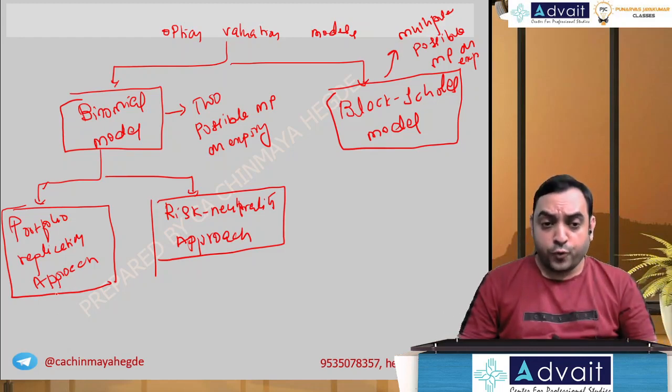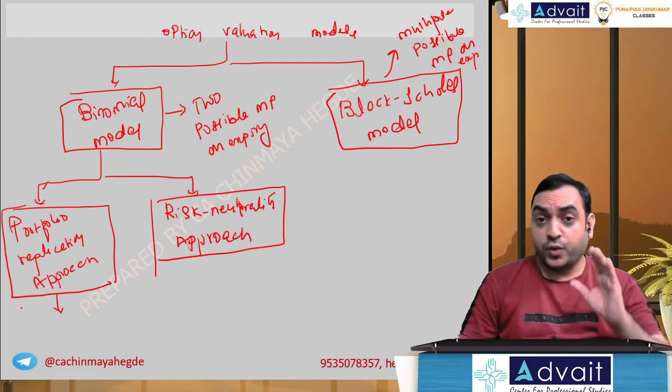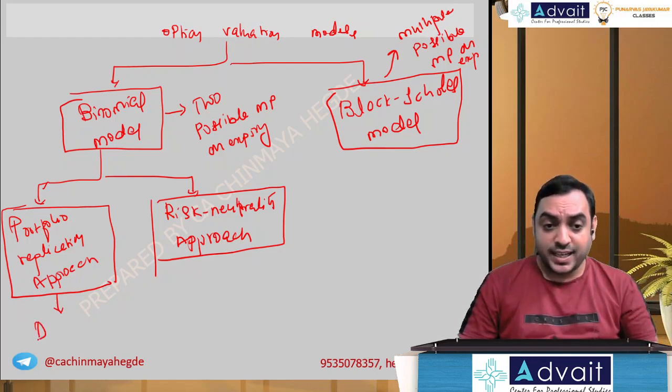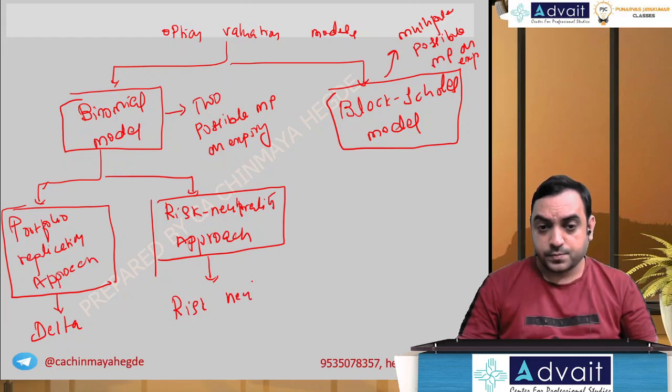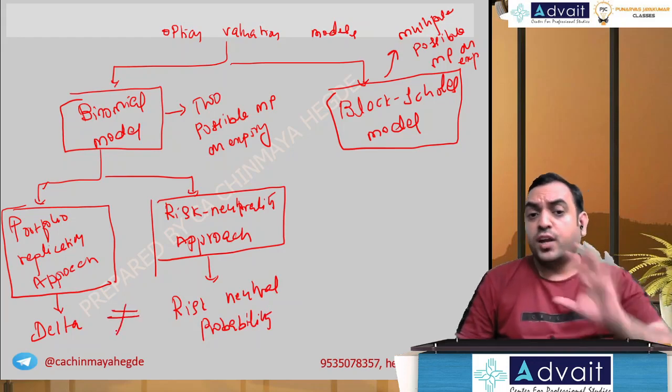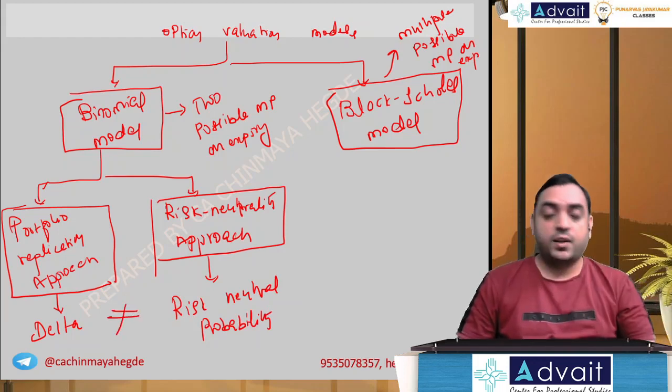In the portfolio replication approach, we compute one very important term called delta. I'll explain what that is. And in the risk neutrality approach, we compute something called risk neutral probability. And both are not equal. The formula looks very similar, but both are not equal.